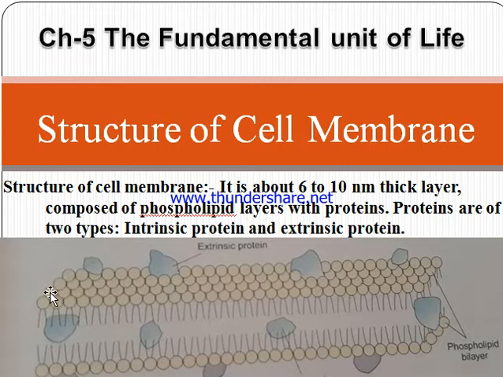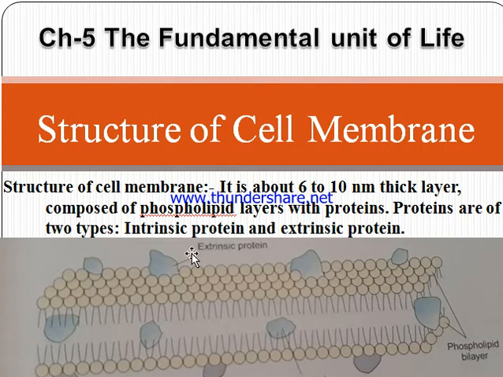You are seeing here these balls with two lines. This is known as a phospholipid. There are a large number of phospholipids present. These layers of phospholipids make the cell membrane, with proteins sandwiched in between them.